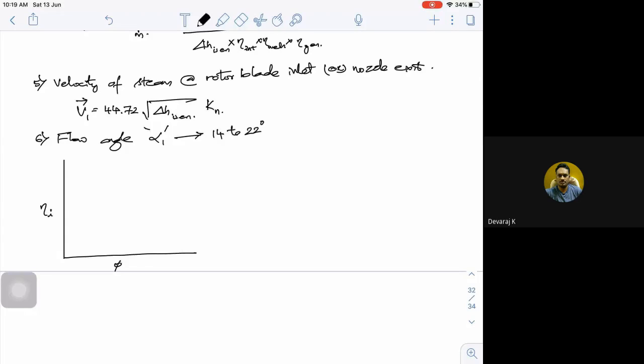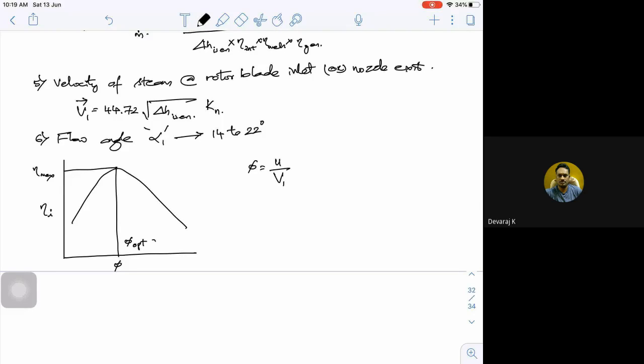We all know that phi is equal to u by V1. What we will get is something like this: I may get a maximum efficiency and an optimum phi. So this will be phi optimal, and this will be efficiency maximum.